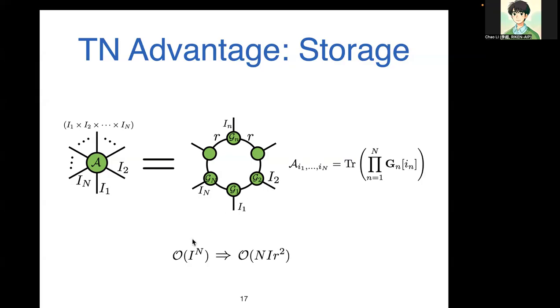Instead of storing I to the power of n entries, we only need about n times I times r squared, where r is the shared dimension. We can see this is a huge saving in storage, especially when n is large. That's one of the key reasons tensor networks are so powerful.